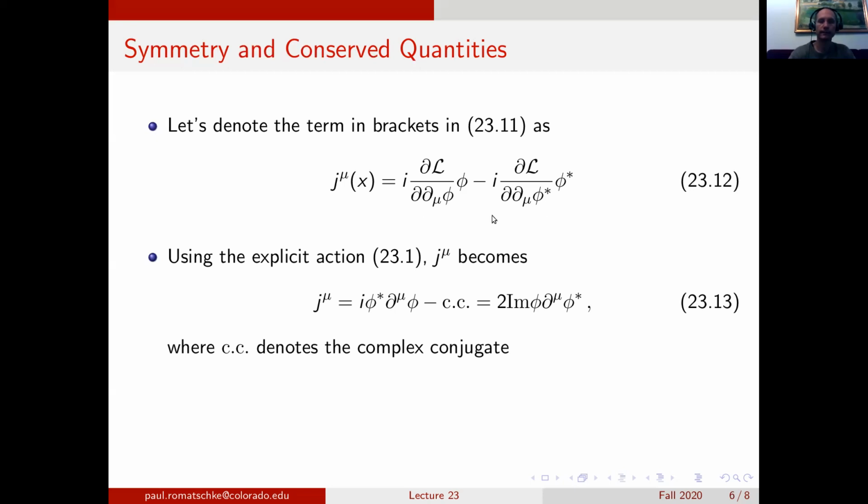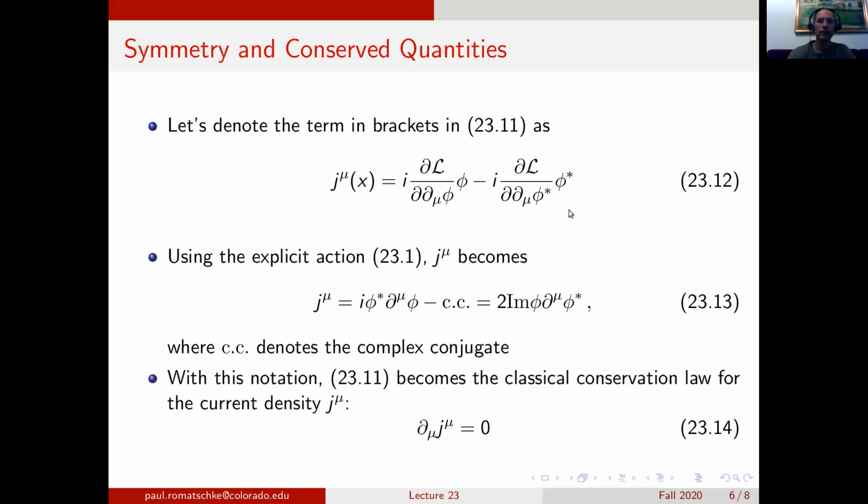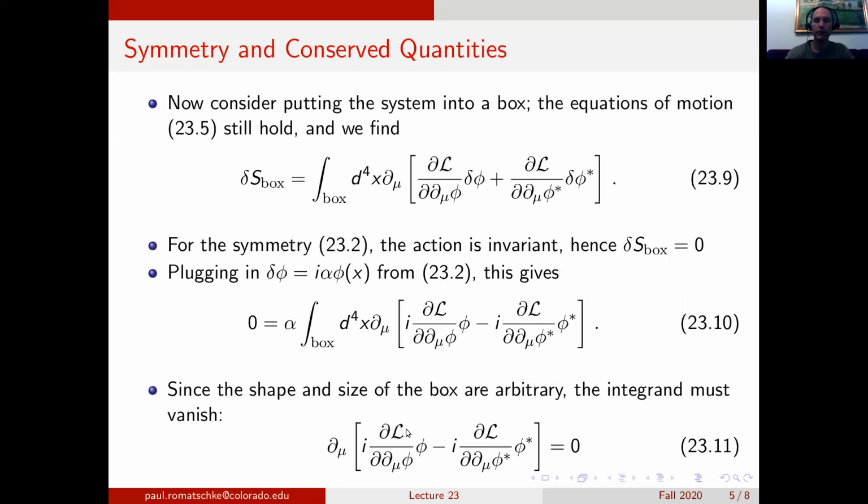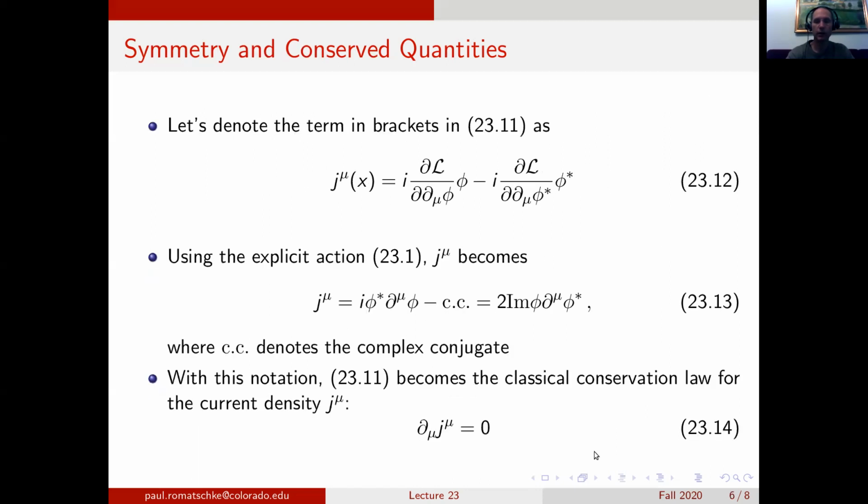That's just this object here. So with this notation, we find that the invariance of the action under the classical symmetry gives us a classical conservation law for this object here. And we call the object j mu the current density. And then the result that we found in the previous slides, namely that this expression has to be equal to 0, just becomes the classical conservation law, d mu j mu is 0.